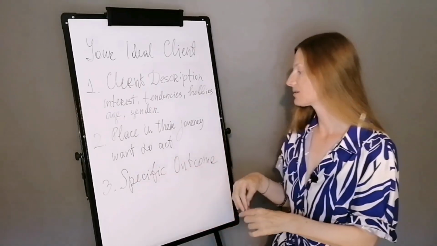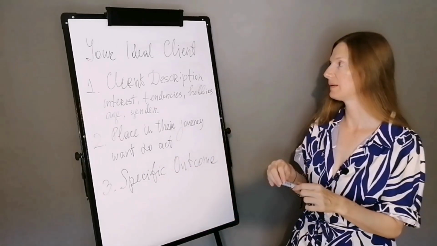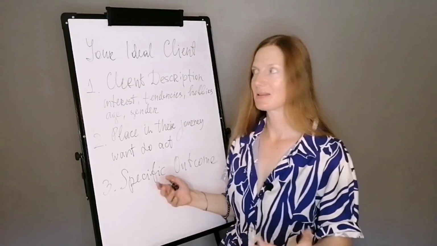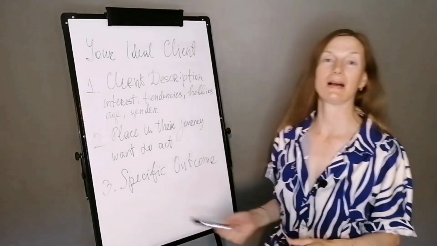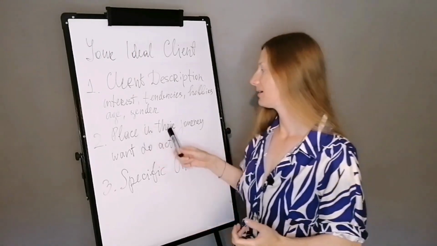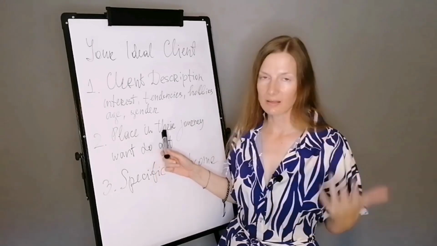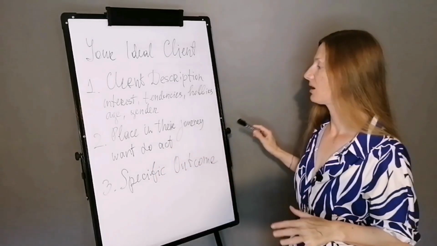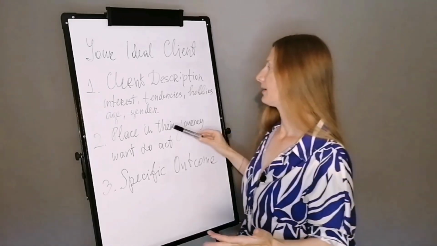Like in my case. In your case, it can be a completely different offer. For example, if you help people with exercising, they want to be healthy, they want to look great, and they are stuck in some place in their journey where they are not healthy and don't look that great, overweight or something like that.